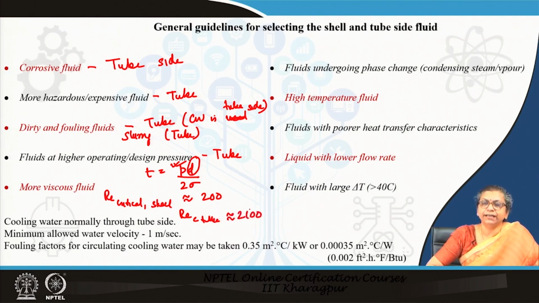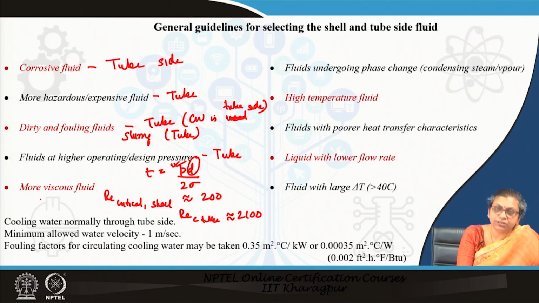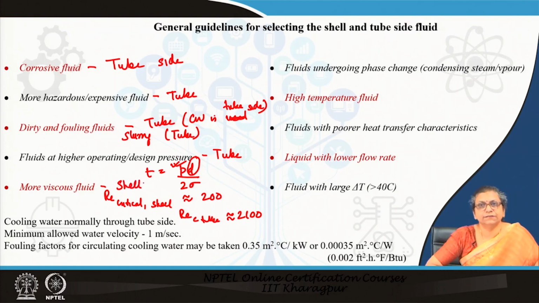So we find that the chances of having turbulent flow and therefore greater mixing are more on the shell side as compared to the tube side. So when we have a more viscous liquid, in order to ensure that the flow is turbulent, we would like to introduce it on the shell side.